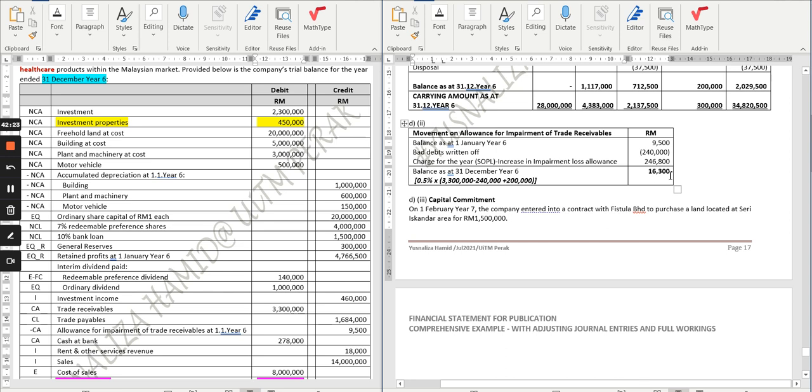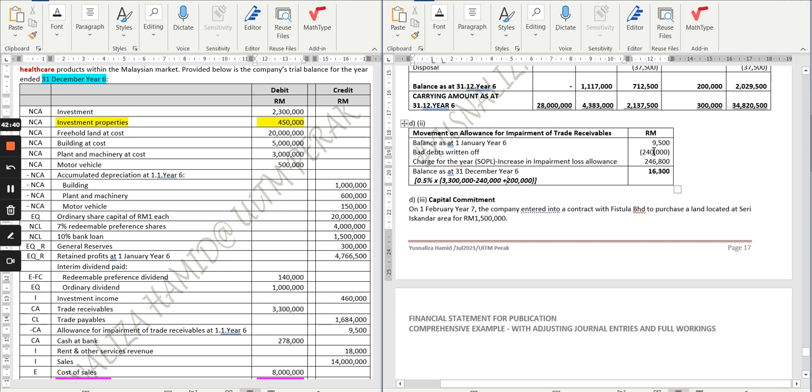So 16,300 is as a result of these figures, which are 3.3 million minus 240,000 plus 200,000 times 0.5%. This 16,300 is the one that you will go and adjust under your account receivable.